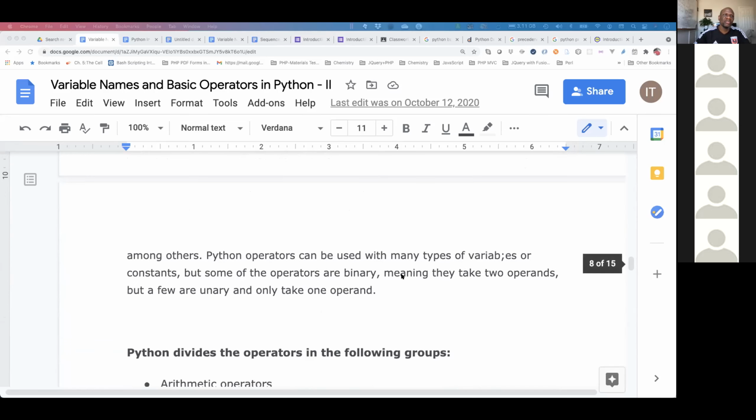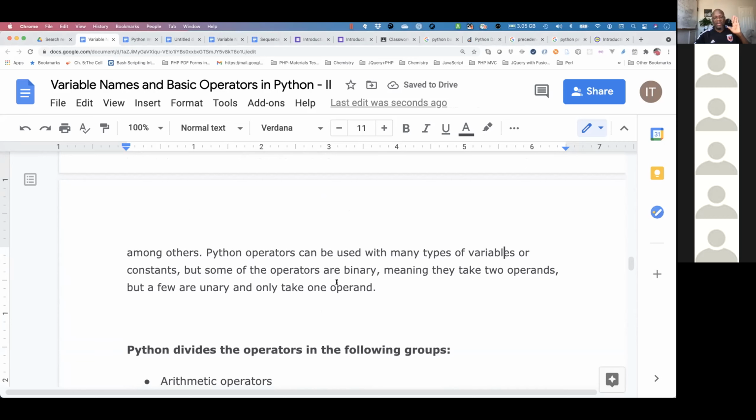Okay. Among others, Python operators can be used with many types of variables or constants, but some of the operators are binary. Binary, remember, is either 1 or a 0. Binary operators take 2 operands, but a few are unary and only take 1 operand.